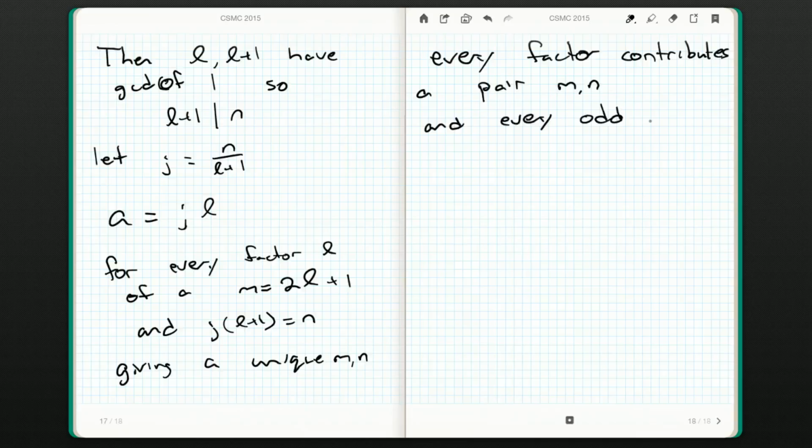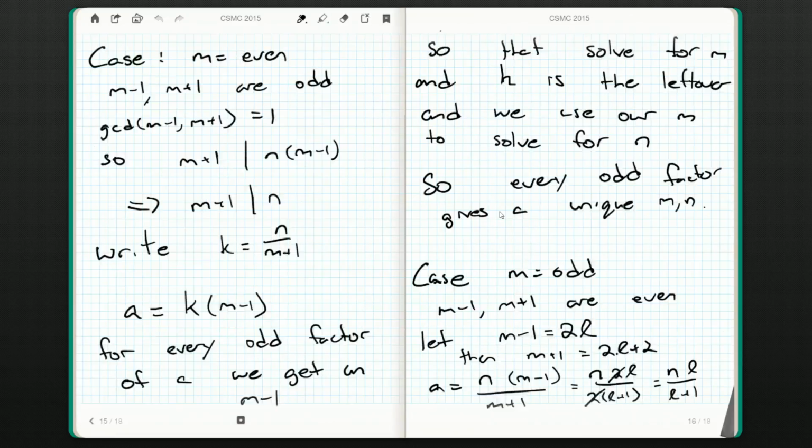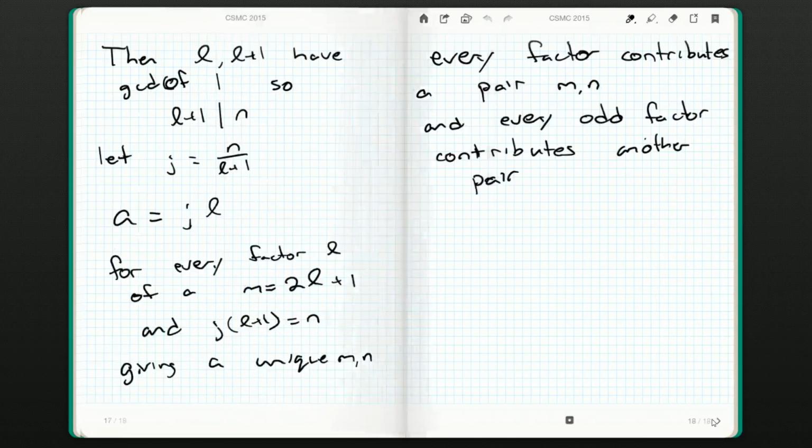And if we go back to the previous case, every odd factor contributes another pair. Okay, the only question is there overlap here? Well, in these cases, in the most recent ones, the m that we get is going to be odd. And in these previous cases, the m that we get is always even. So I don't think there'll be any overlap.